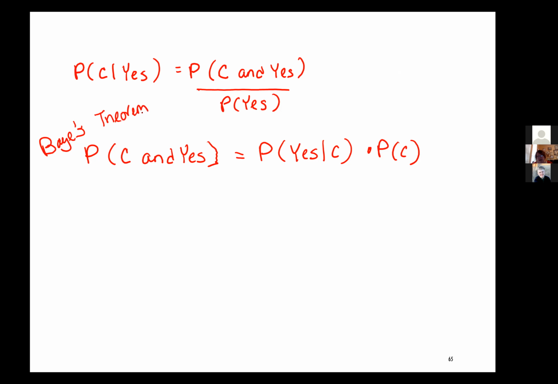So the probability of C and yes is the probability of yes given I have cancer times the probability I have cancer. So those two were given to me. The probability of yes given cancer is 0.99. So the probability that I test positive given that I have the cancer is 0.99. The probability of having this type of cancer was what, 0.03?